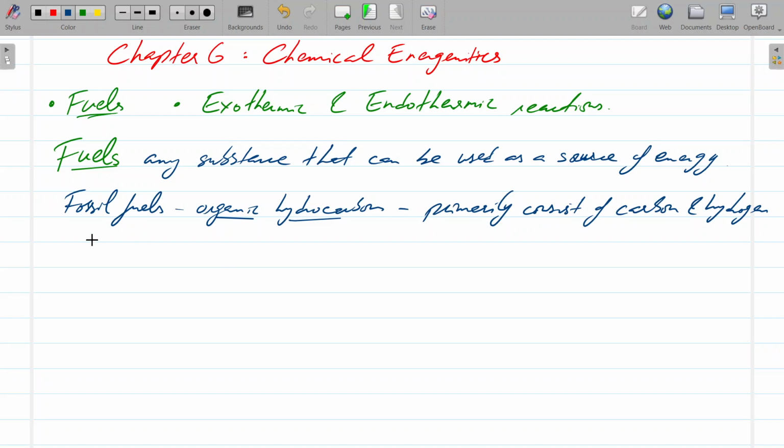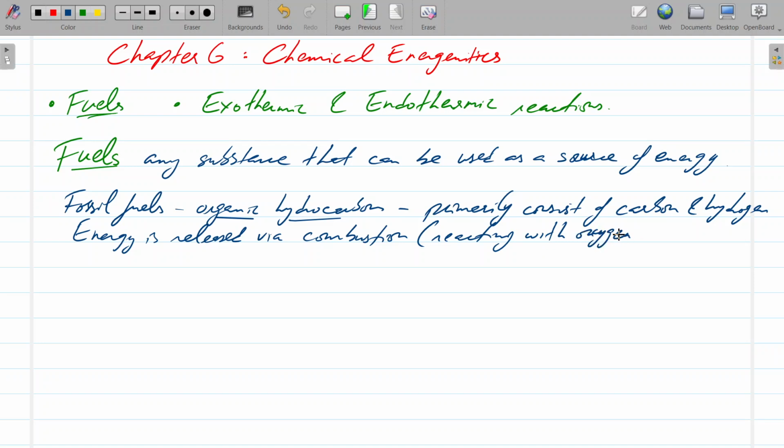And energy is released from these via combustion. Combustion is basically them reacting with oxygen. They're burning. So when something burns, it combusts.